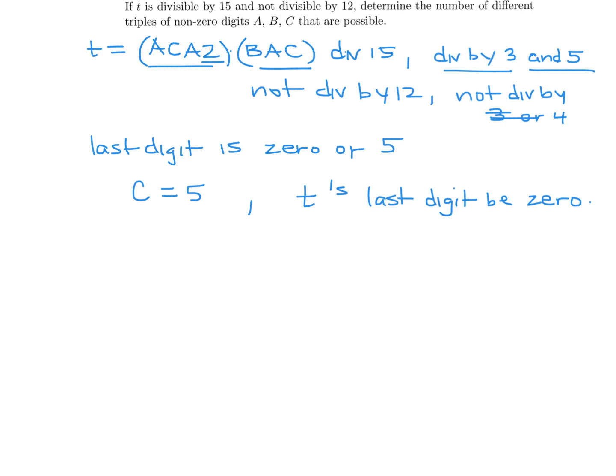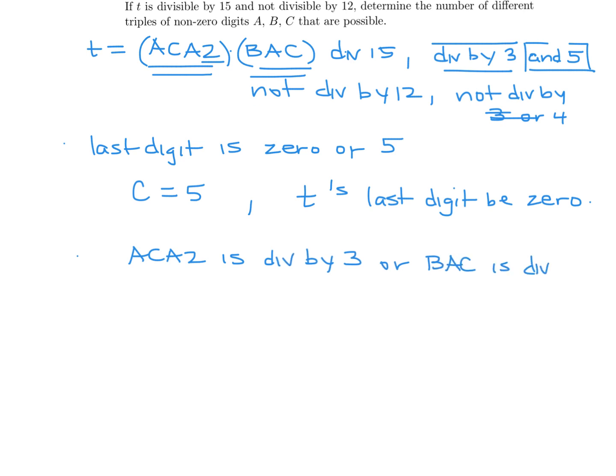Okay, that's some progress. Now where do we want to go next? We took care of this guy here. Now let's take care of this guy, which is divisible by 3. If it's divisible by 3, then either this is divisible by 3 or that's divisible by 3. So that means either ACA2 is divisible by 3 or this BAC is divisible by 3 or both. But let's just take it one step at a time here.